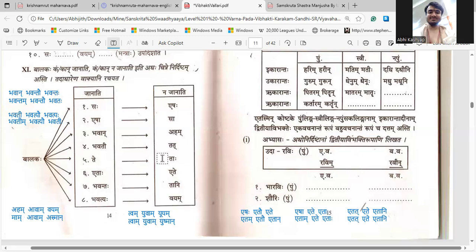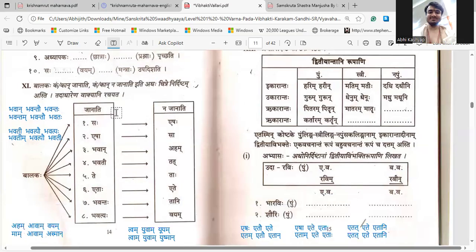All right, so now what we have to do: you look at these 10 pronouns over here and these 10 pronouns over here. You have to start with the karta. The karta is balakaha. Now, after you start with balakaha, what is the karma you are going to use?